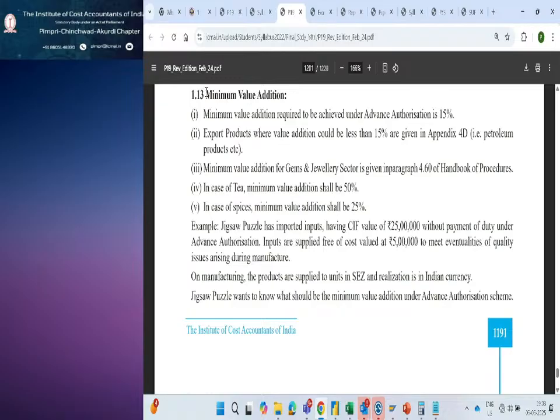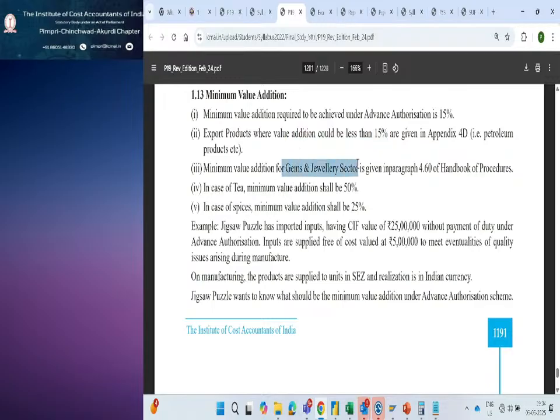The minimum value addition I have mentioned is 15%, and that 15% differs for products. You can see here the export products where value addition could be less than 15%. So it is not always 15%. There are some items which are less than 15% as well.